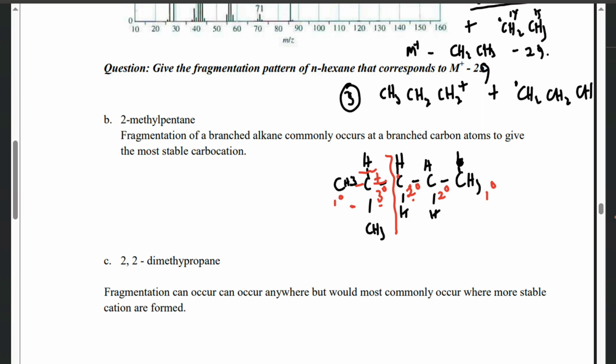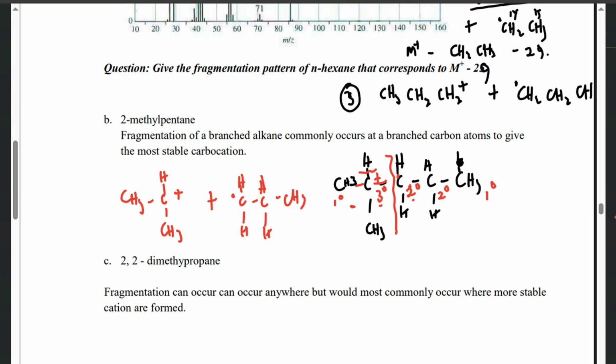So this fragment, CH3, CH3, hydrogen positive, with CH3 as the radical, will be the more stable.